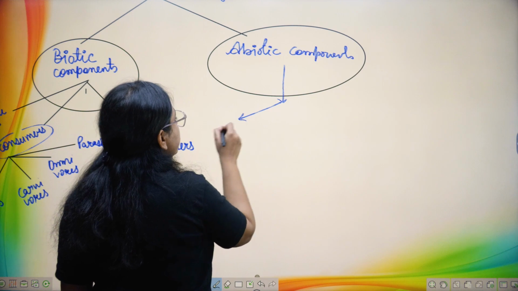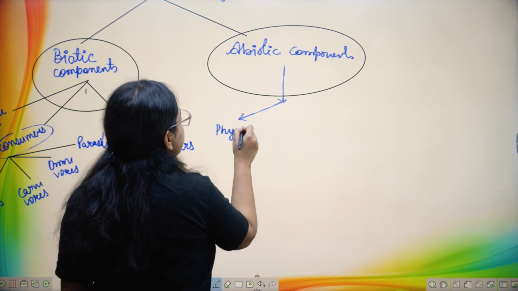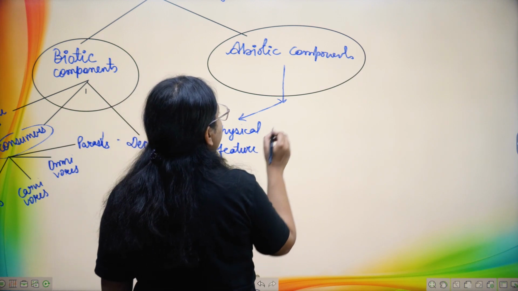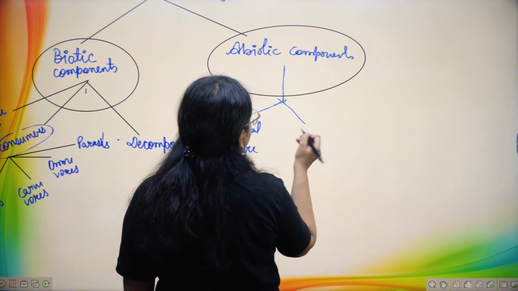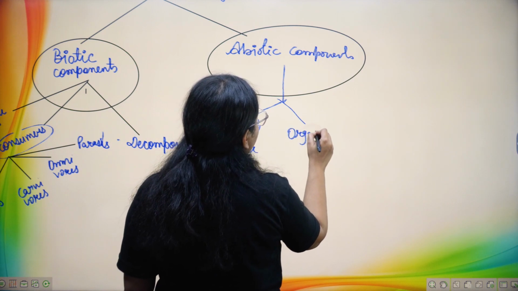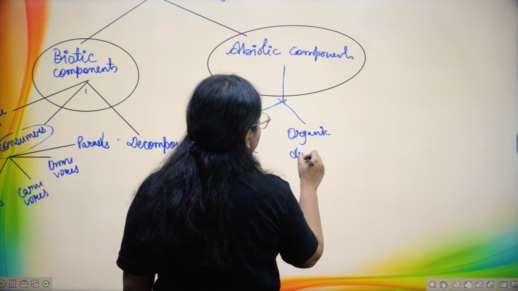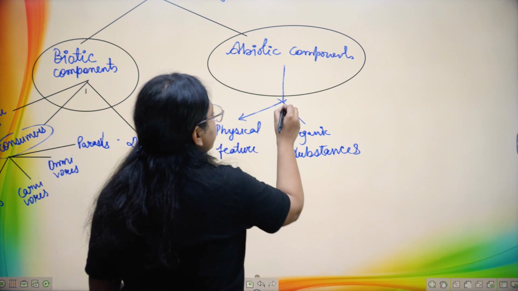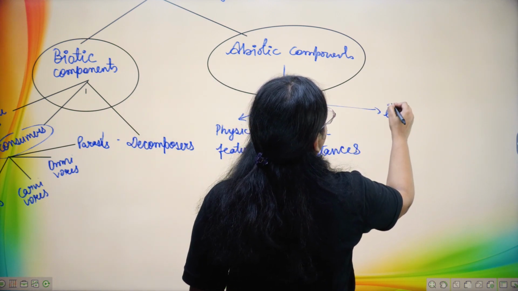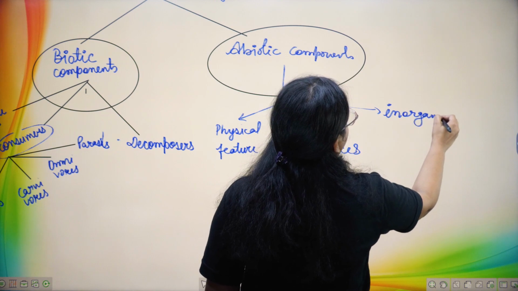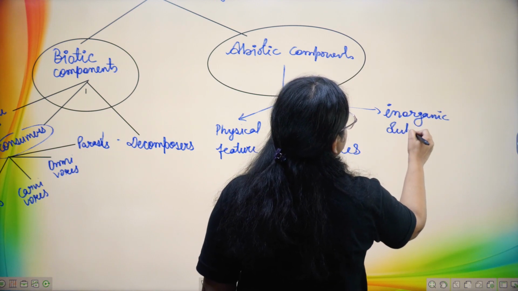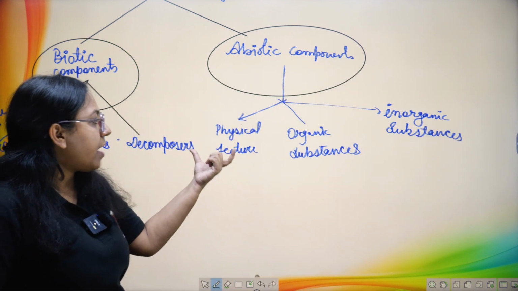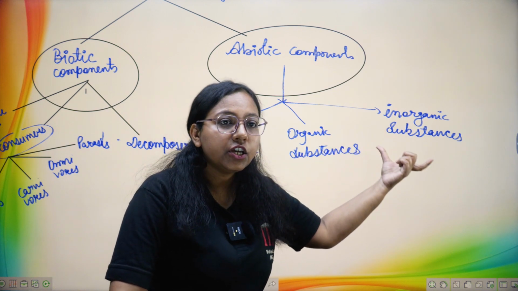In abiotic components, any physical feature or physical environment will come, and then organic substances, and inorganic substances like minerals. So abiotic components will have physical features, organic substances, inorganic substances.